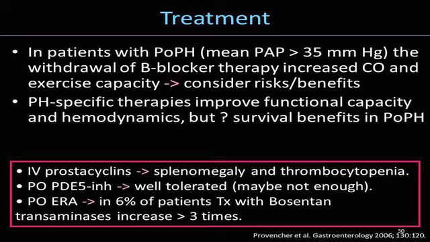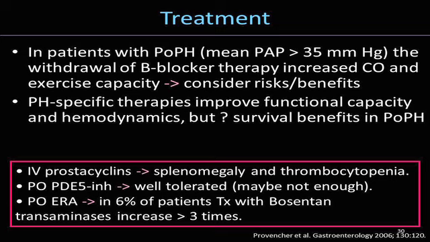Except for the PATENT-1 study that included 13 patients with porto-pulmonary hypertension. All the other randomized studies done in PH did not include porto-pulmonary hypertension. So our data is biased by not having well-designed studies, at least up to now.